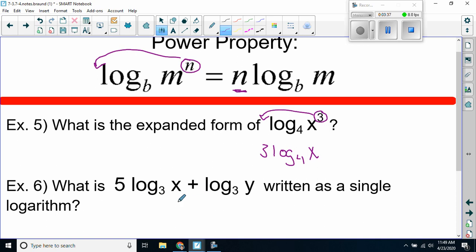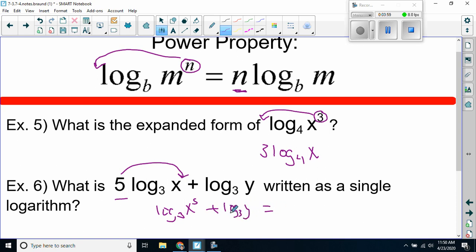All right, here I'm combining the two. Now, you do kind of need to do these properties in an order, and your power property is always going to be first. So if you see any coefficients, before you put anything together, you're going to want to put that back as an exponent. So this is actually now log base 3 of x to the 5th power plus log base 3 of y.